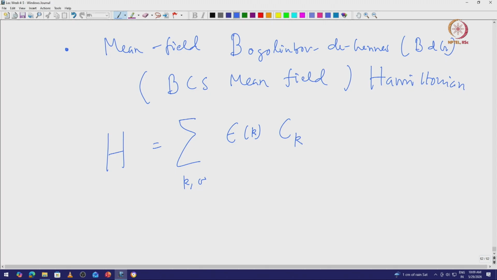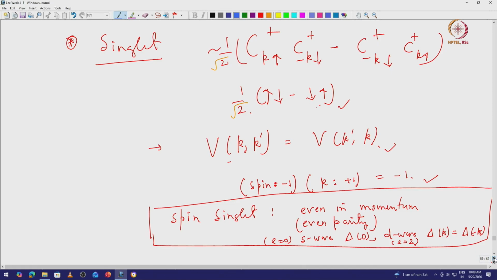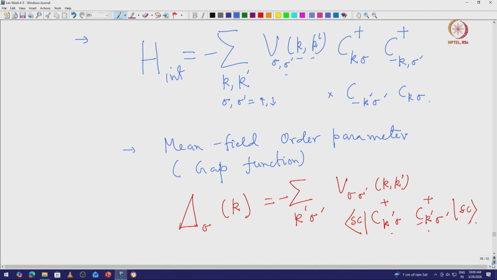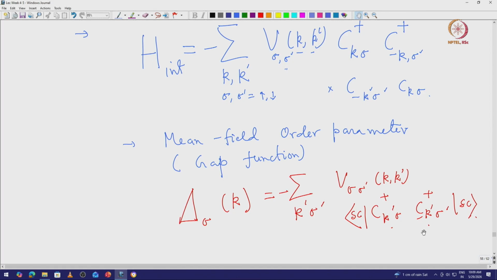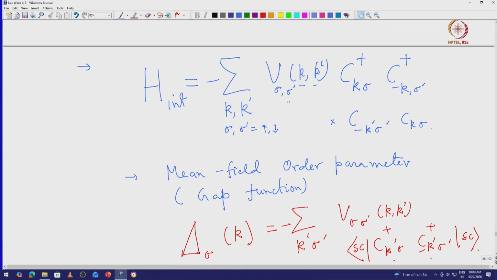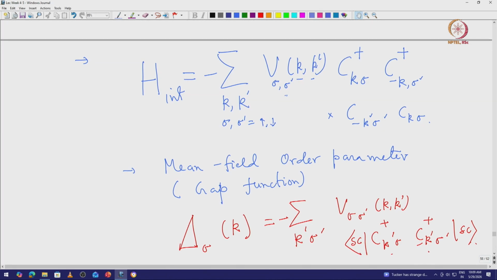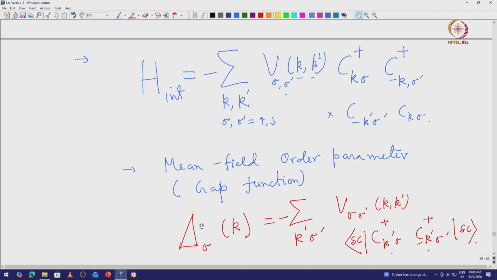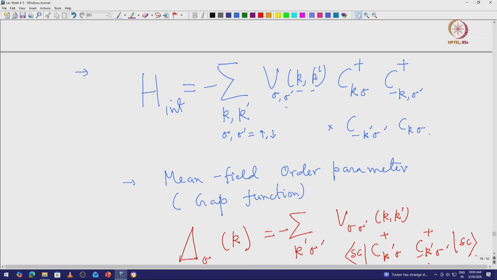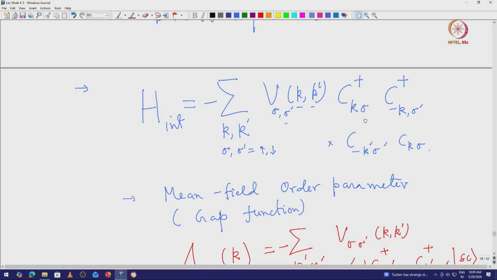Unless you have spin orbit coupling, these things are spin independent, plus Hermitian conjugate, and the interacting part with the substitution of mean value in this part. So, taking a mean value, this becomes a number. So, we are left with this term as an operator, and you will also have the delta star or delta Hermitian conjugate, that is nothing but the expectation value of this, and then you will be left with this term as the operator.